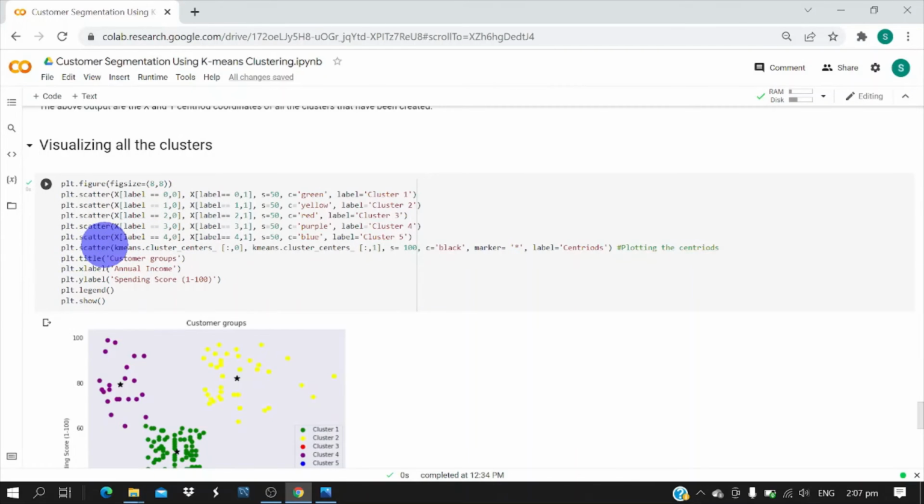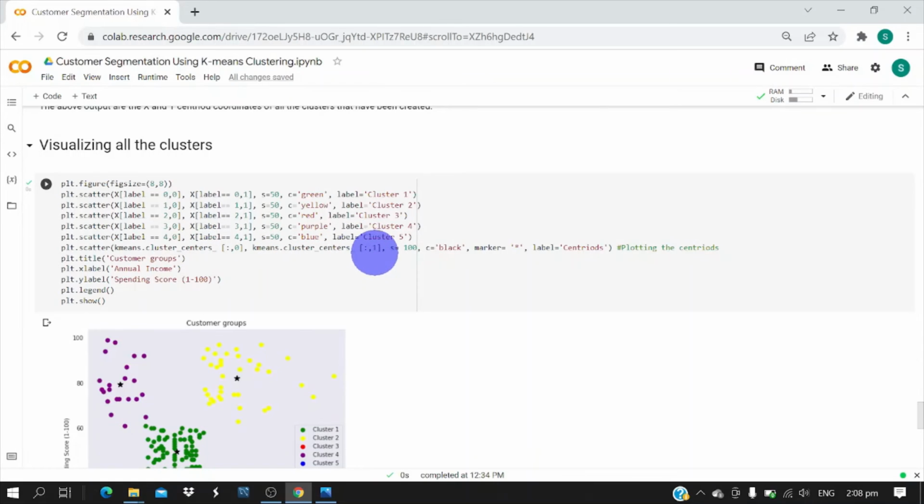So I also wanted to add the centroids to the scatter plot so that we can see how the points, how the clusters are gathered around the centroid. Over here, this is for the x coordinates, the x axis values of the centroids.